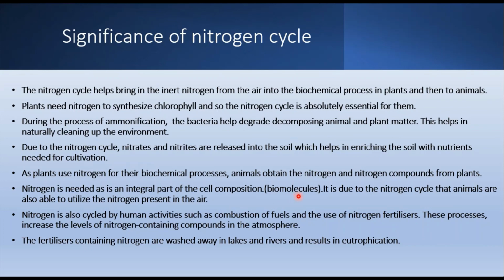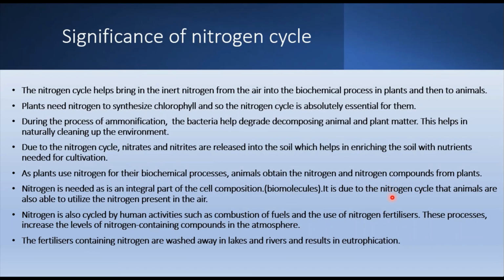For example, nucleic acids are nothing but polymers of nucleotides, and the nucleotides contain nitrogen bases. Then coming to proteins, proteins are polymers of amino acids, and the main structure of amino acids is nitrogen. So like that, they are an integral part of the cell composition, mainly in the biomolecules.